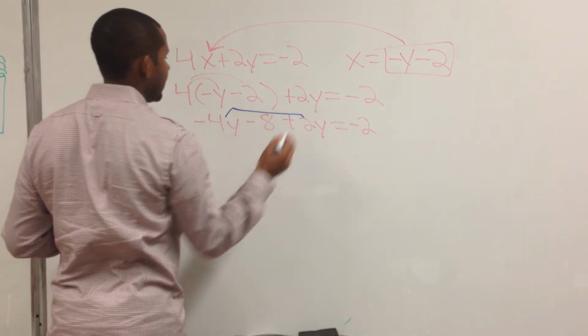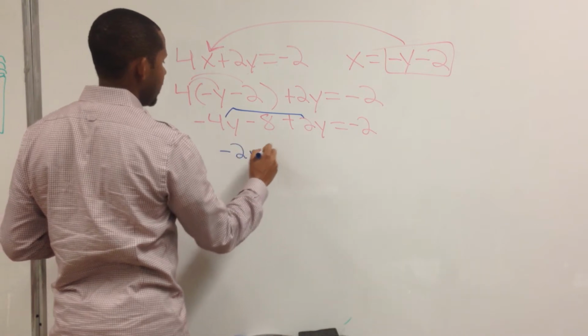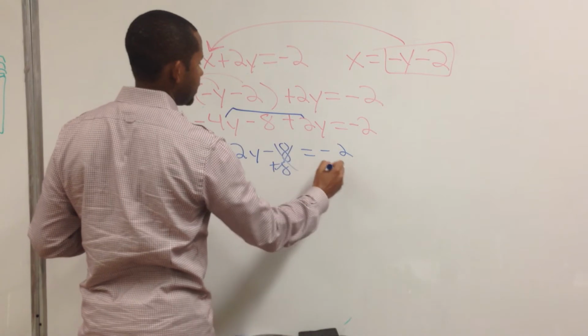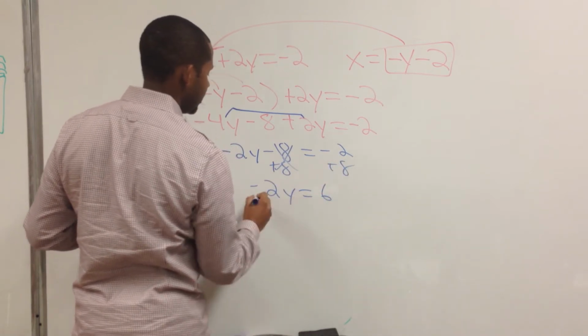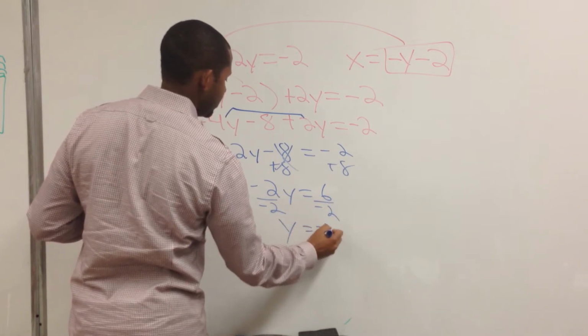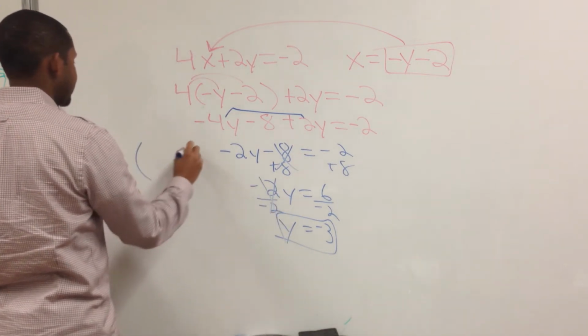I'm going to combine my like terms. Negative 4 and 2 is negative 2y minus 8 equals negative 2. Plus 8, negative 2y equals 6. Y equals negative 3. And the first part of my answer.